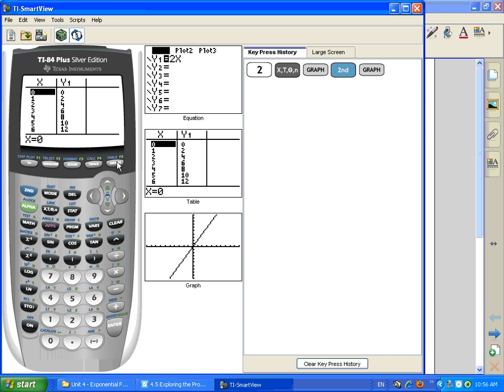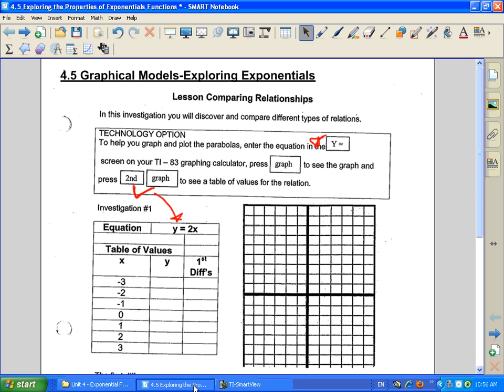And all I'm going to do is line it up with the table that I have in my handout. So I'm going to make sure it's -3. Those are the values I'm going to transfer over to my handout. So looking at the y column, you're going to have -6, -4, -2, 0, 2, 4, and 6.